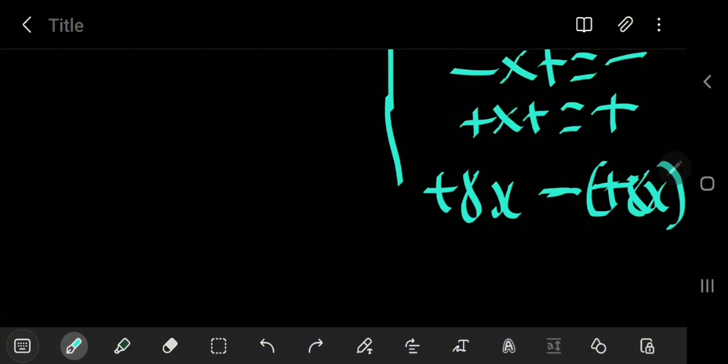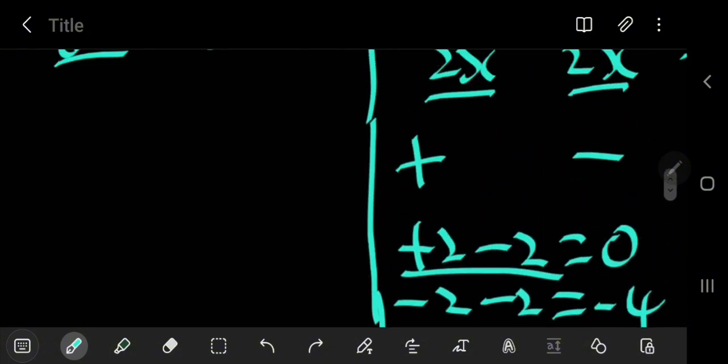In this case it is a minus that will make 8x eliminate the other 8x. Why? The positive 8x would eliminate the other positive 8x only if we have a negative sign. If we have a positive sign, it will be 16x. We are going nowhere.